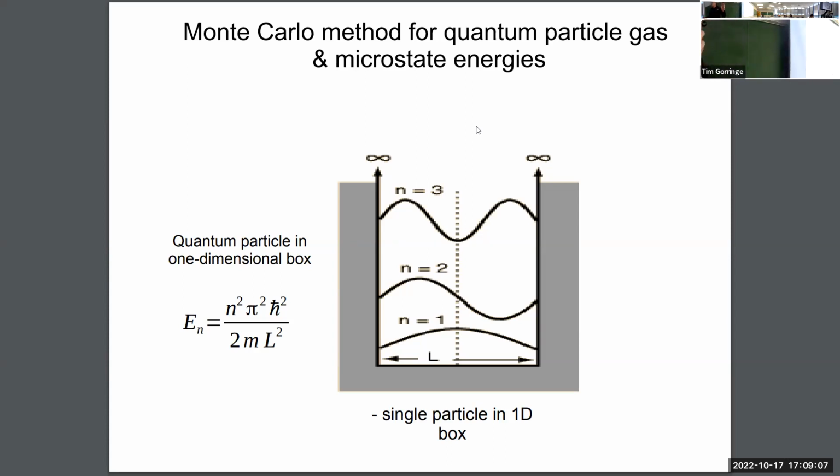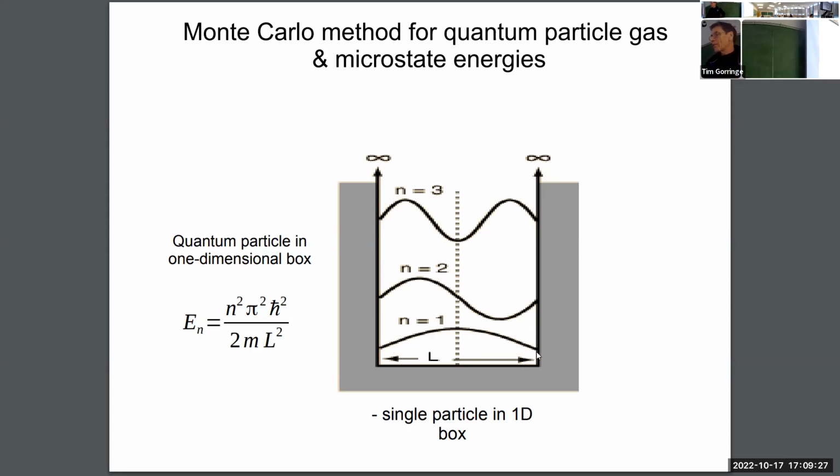So for this exercise, I'm going to imagine I've got quantum mechanical particles in a one-dimensional box, and I've got the allowed energies for a quantum mechanical particle in a one-dimensional box.